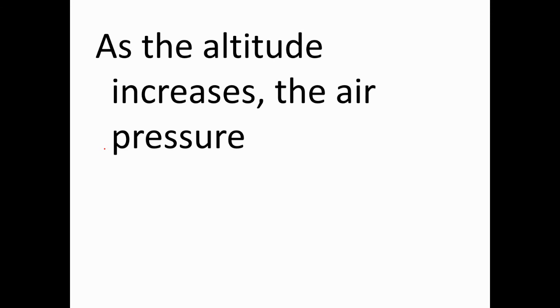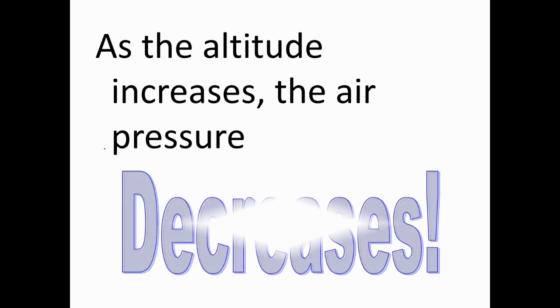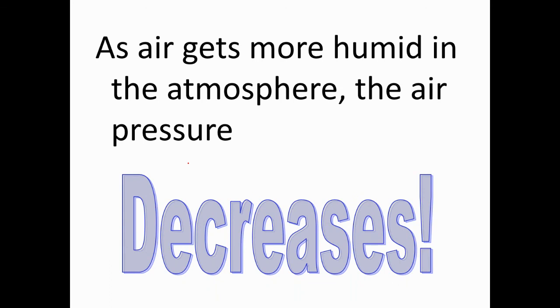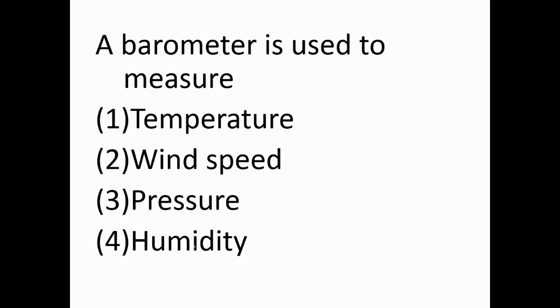Air pressure is going to decrease. Remember, you'll have less air above you, less things pushing down. As air gets more humid in the atmosphere, the air pressure is going to decrease. Remember, we said that water weighs less, so those H2O molecules have a lower weight than the nitrogen molecules, or even the oxygen molecules in the atmosphere. So you're going to have lower pressure as you have more humidity in the air.